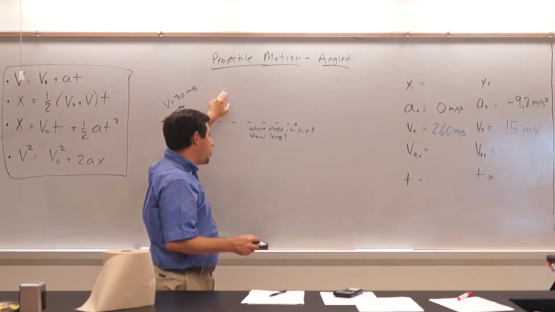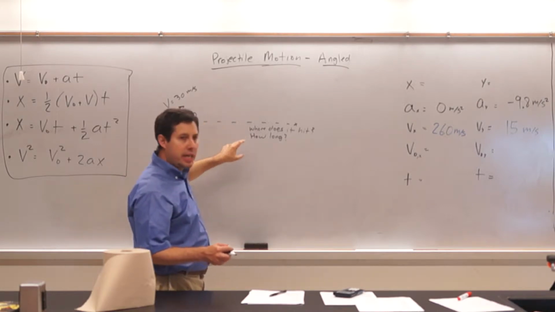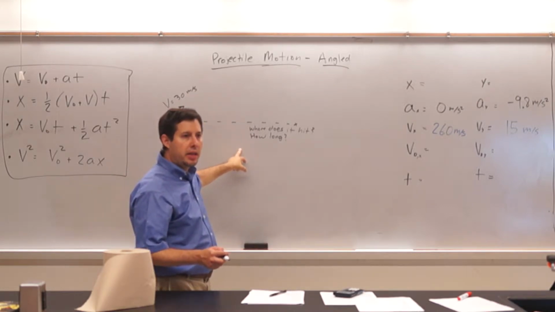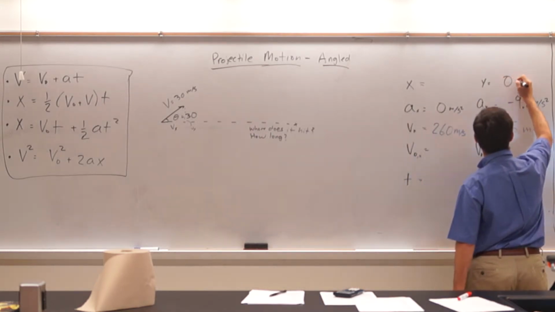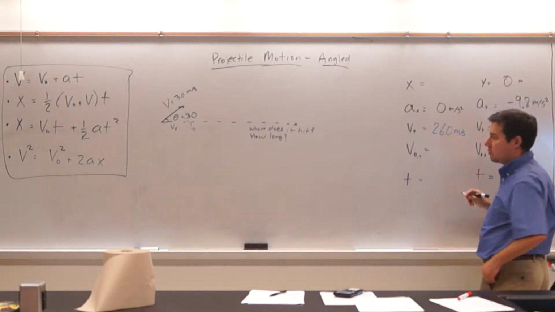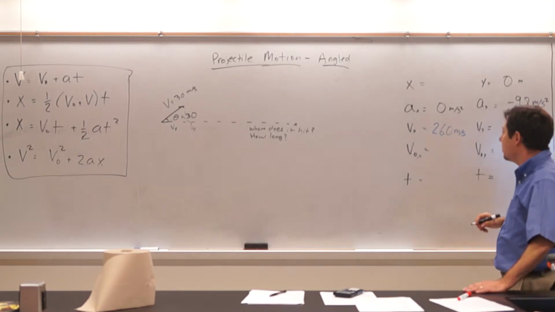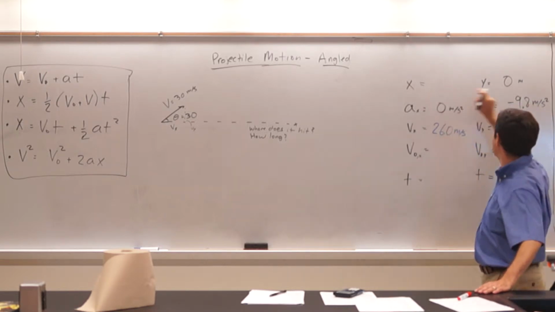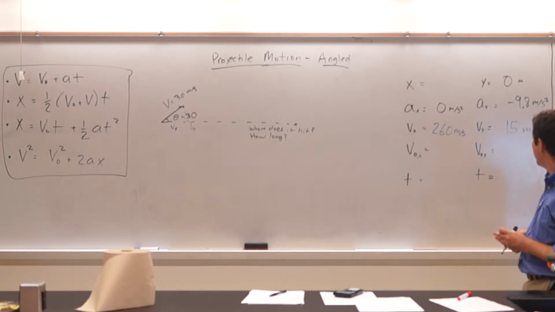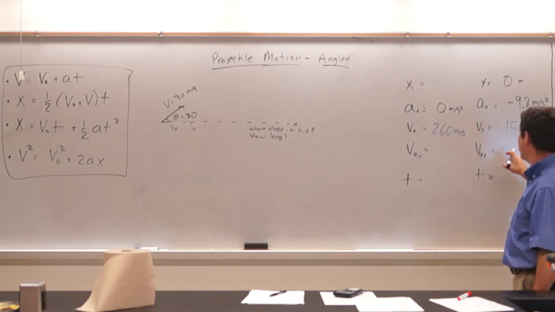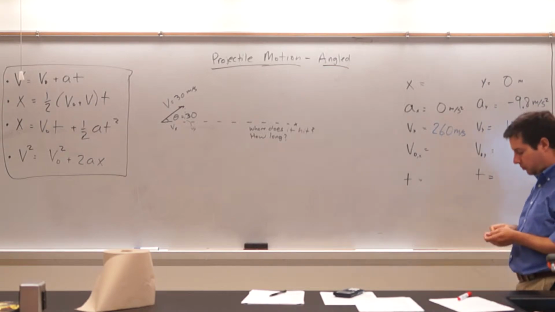So it goes up, but when it hits, its y value is going to still be 0 meters, because it's hitting at the same elevation. X is not going to be 0, but y is going to be 0. So there you have three variables and two unknowns, but that's all you need is the three variables to solve these two unknowns.